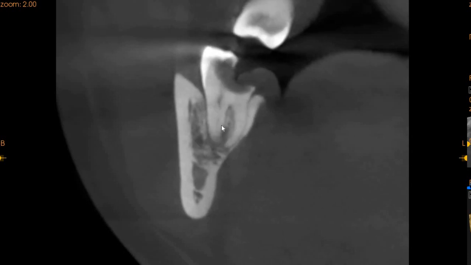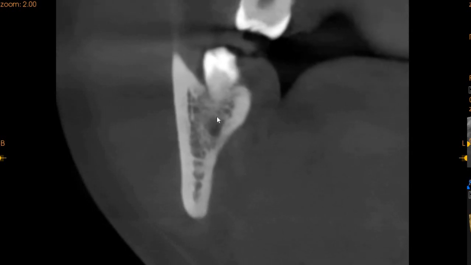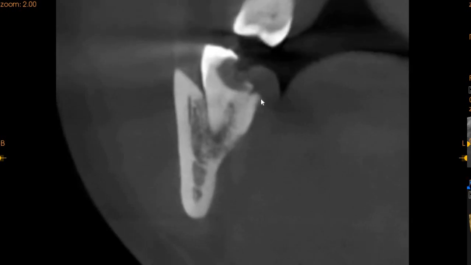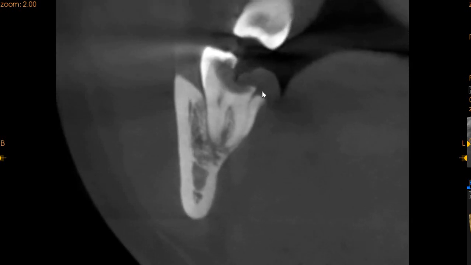As we move then distally, we see that the canal regains its architecture, and here the canal goes back to being completely circular. So extreme caution needs to be taken during the extraction of this tooth.